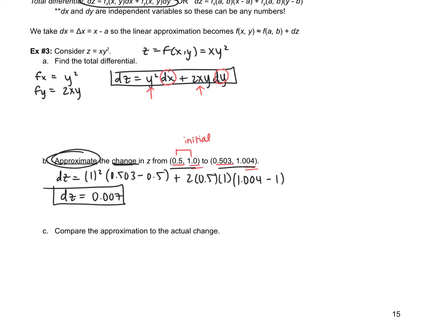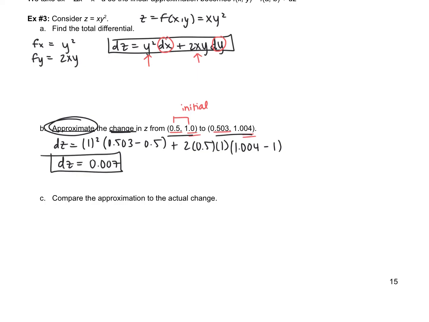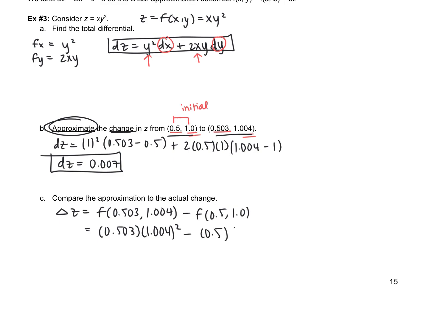So then, of course, we might want to know, how does that compare to the actual change? So notation-wise, the actual change is delta z, and that's going to be the function evaluated at the ending point, subtract the function evaluated at the initial point. So using our function above, that would be 0.503 times 1.004 squared, subtract 0.5 multiplied by 1 squared.